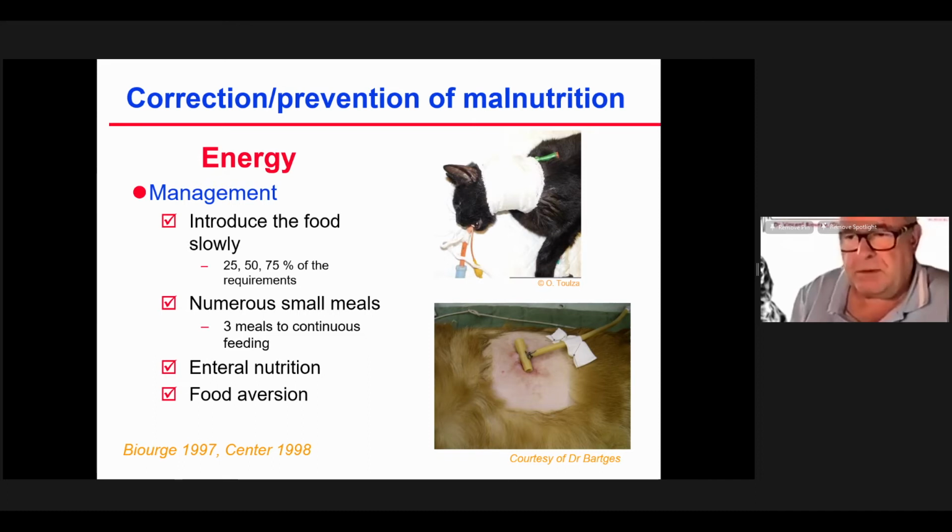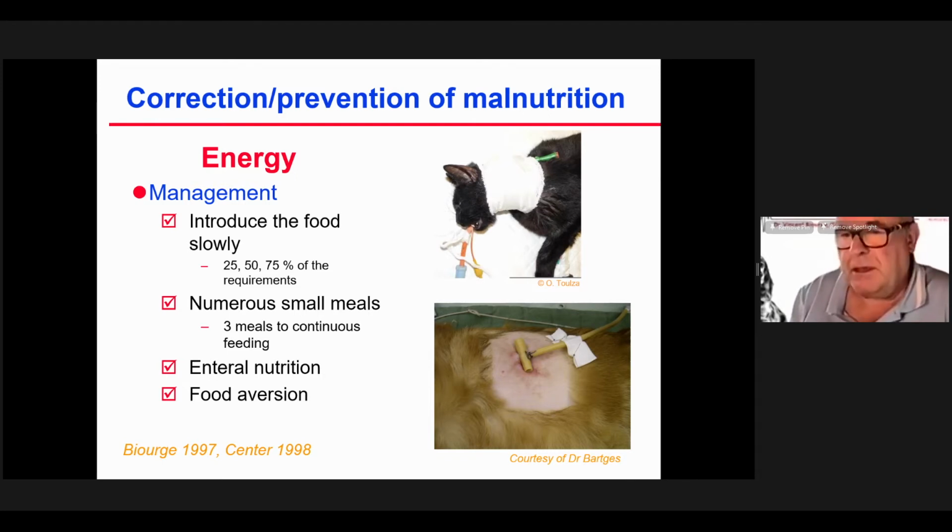And it's not because the animal doesn't eat 100% of its requirement on the first day that it's going to be bad. On the contrary, if you feed too much when the GI tract is not ready to absorb all that food, all that diet will get into the hindgut. It will stimulate the fermentation, and the animal is going to get diarrhea. He may also get vomiting, and so you're going to lose another few days. So it's better to go very slowly.